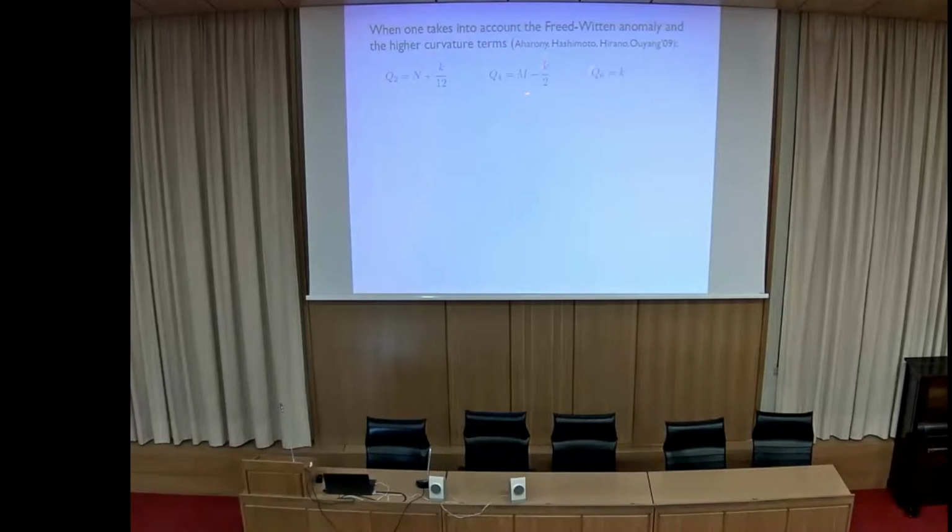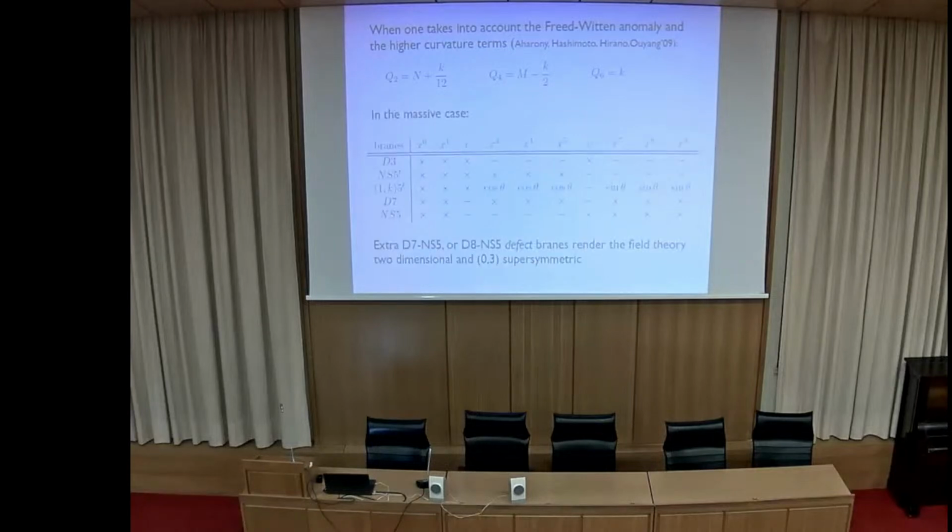So when you are computing the quantized charge for D2 branes, you have the actual contribution of the D2 branes, this n, that is normally the number of field theory branes, the actual number of branes, and then also of the number of D6 branes that contribute through these effects. Okay, so this is why I'm using different letters there.